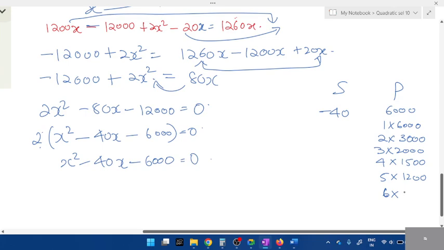Okay, how many times 6 goes? 6 into 1000. 7 doesn't go. 8, 9, 10. 10 into 600. In spite of solving, for any combination, are we getting 40?